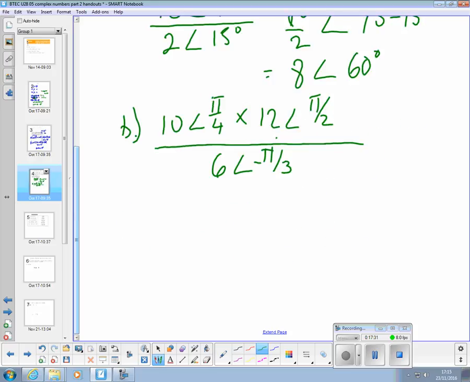So, dealing with the numerator first, what we got to do, 10 times 12, 120, pi over 4 plus pi over 2. Sorry?